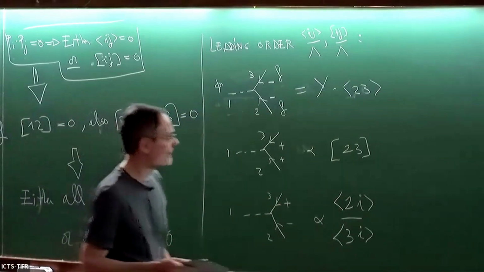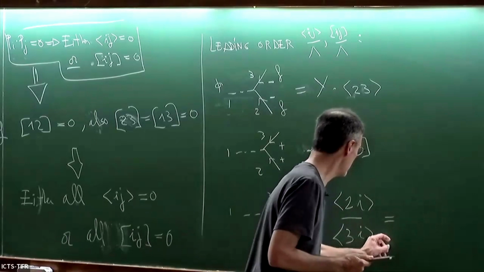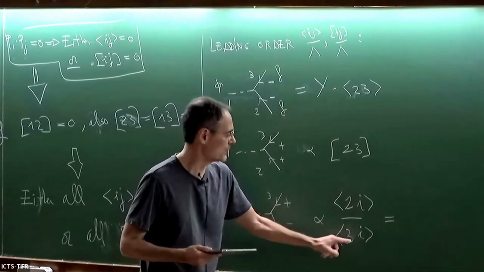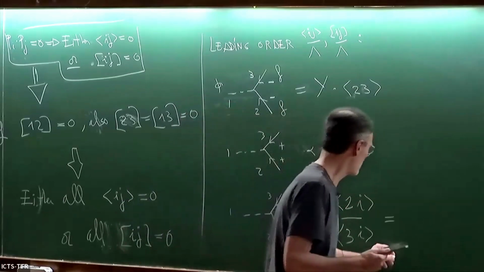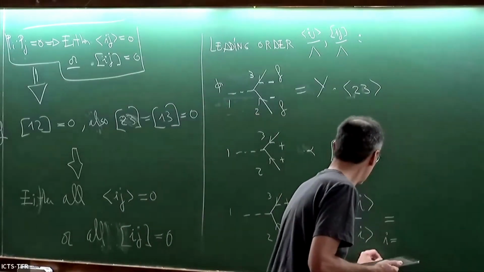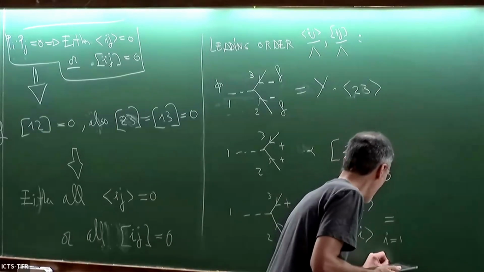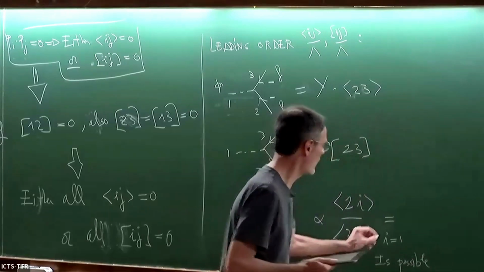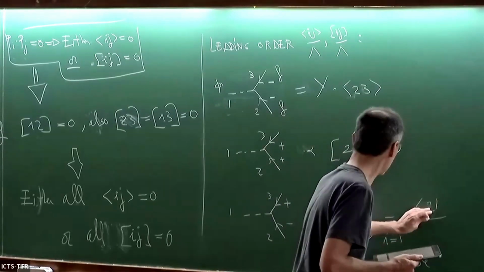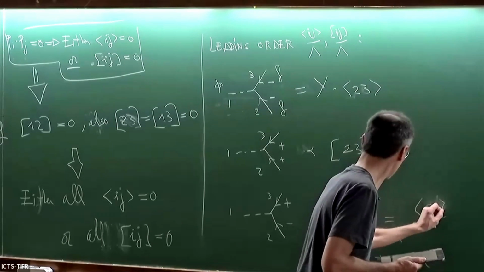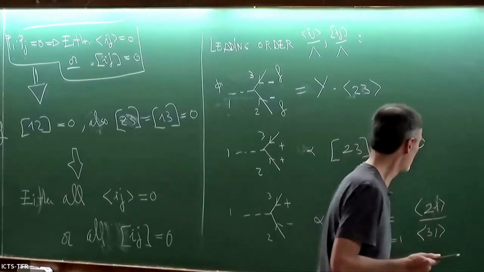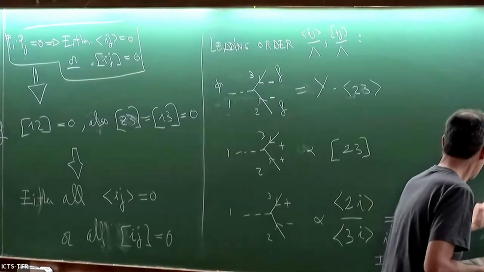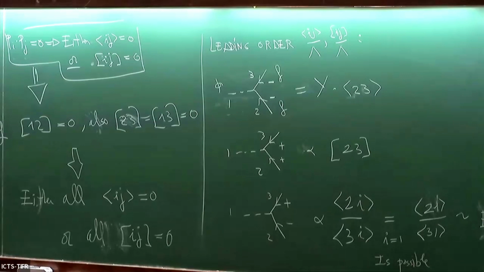Now you don't know who it can be, but it's obvious there is only one candidate, because if I put a 2, 2 is 0. If I put a 3, 3 is 0. So only i equal 1 is possible in principle to write it. But now we see that 2, 1, 3, 1 has dimension of energy to the 0, so it cannot be.